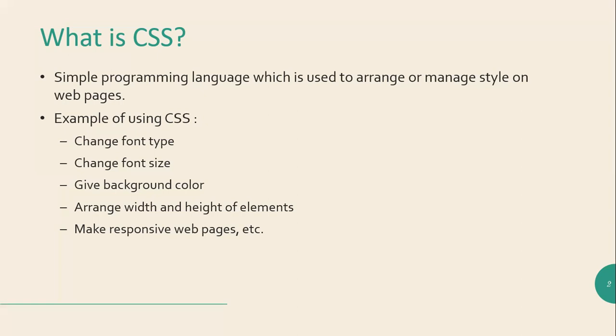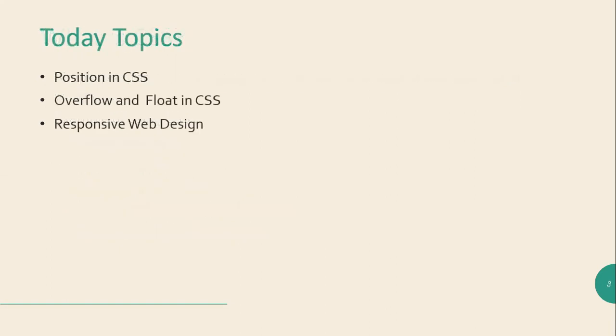When we are using CSS, we can change the font type. Maybe you have tried font size, giving a background image or background color, and we can set the width and height of elements. And in today's meeting, we will also learn how to make a responsive web page. First we will try position in CSS.